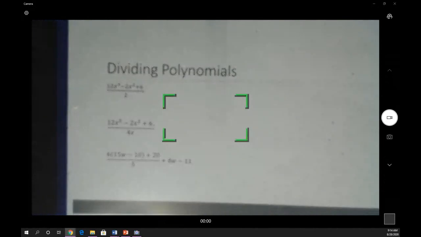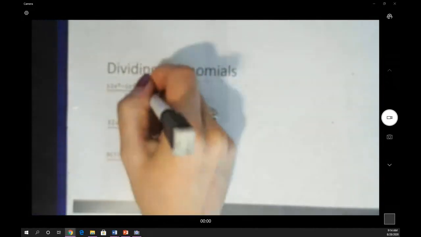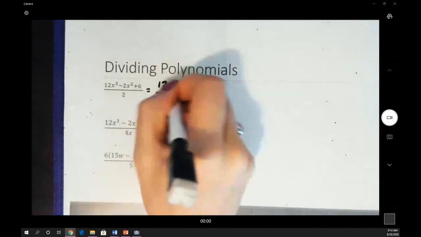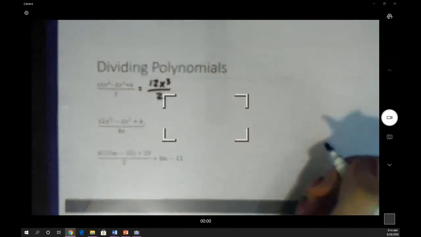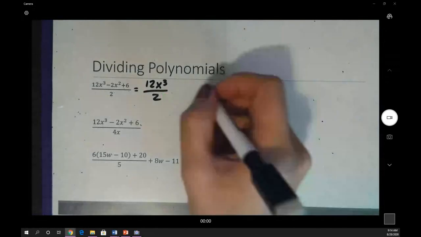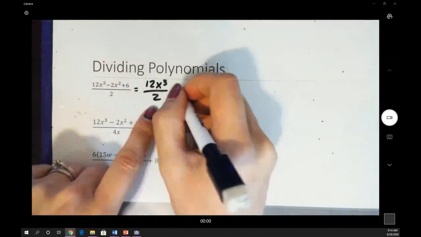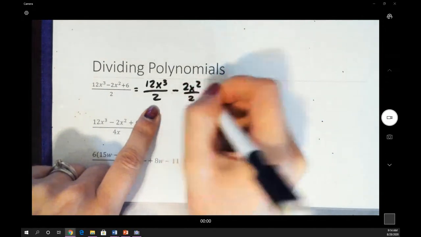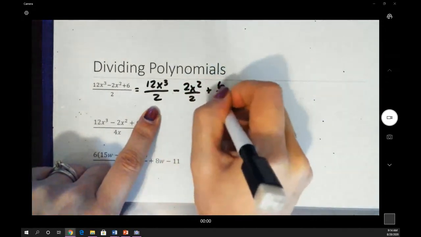So for our first one, we have 12x cubed minus 2x squared plus 6 over 2. I'm going to just start by breaking up each of these terms so that they're easier to work with. So we have 12x cubed over 2 minus 2x squared over 2 plus 6 over 2.